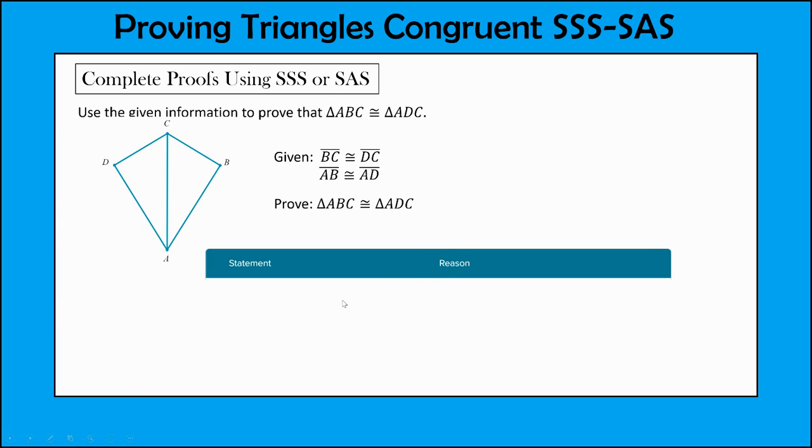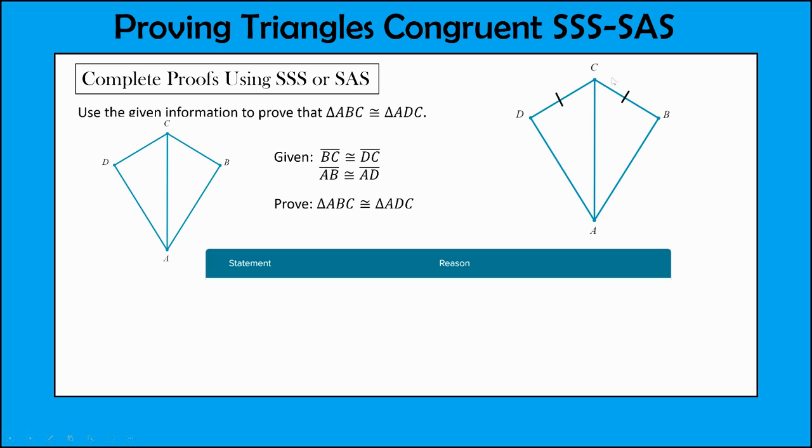All right. One last one. So here's the given shape. We're trying to prove that ABC, this triangle, and ADC, this triangle on this side, are congruent. Here's my given information, what we're trying to prove. So again, take your drawing off to the side, write in what you know.